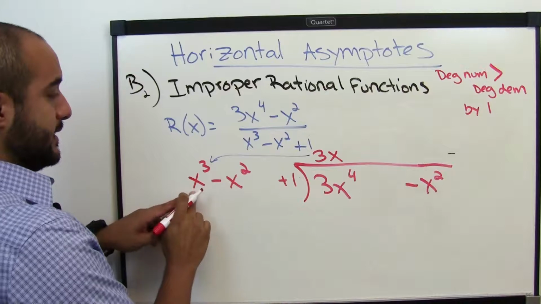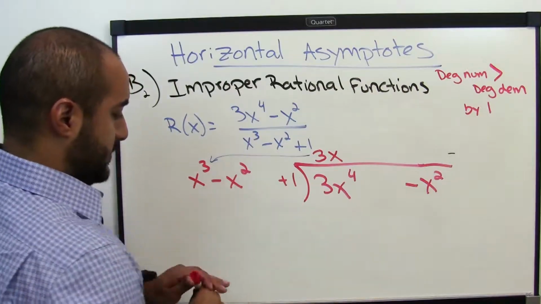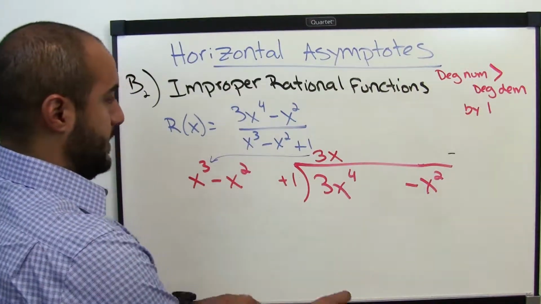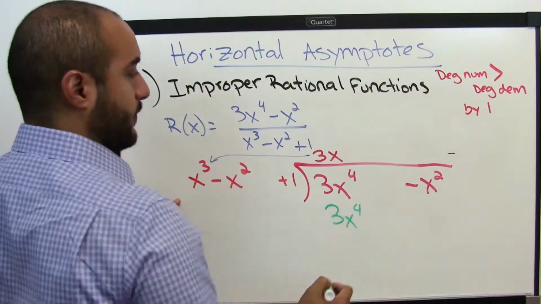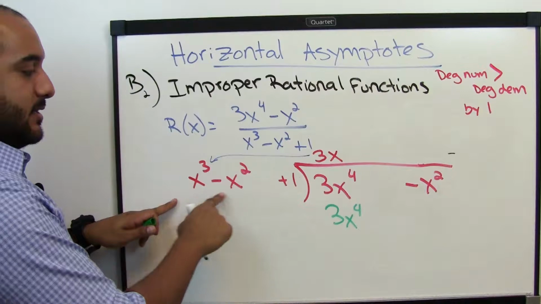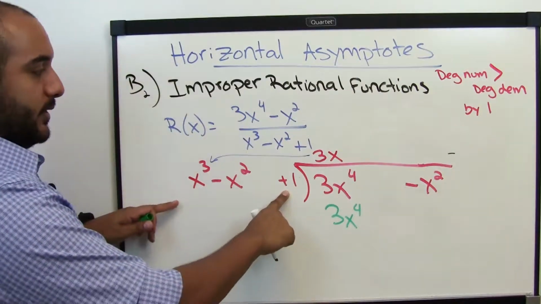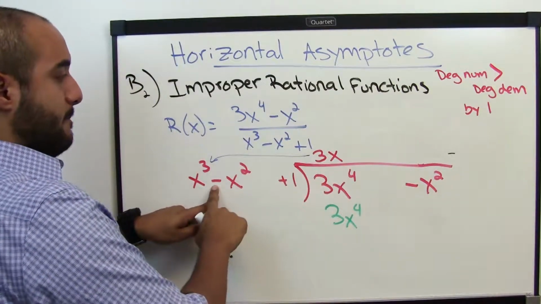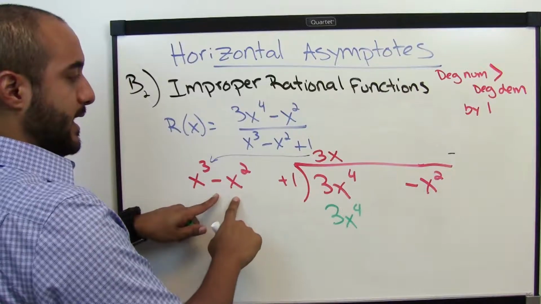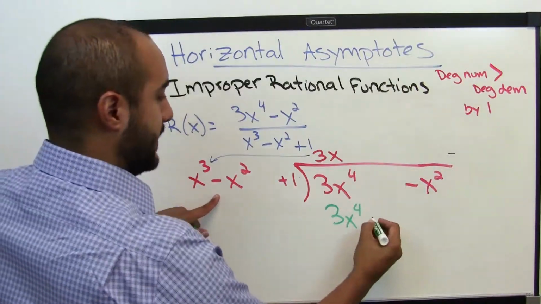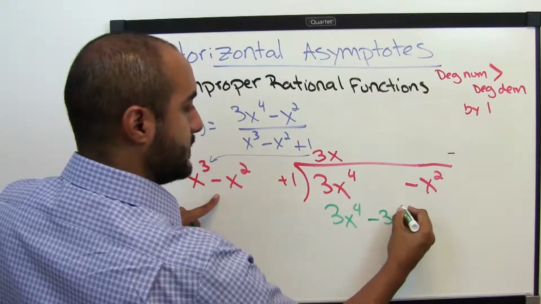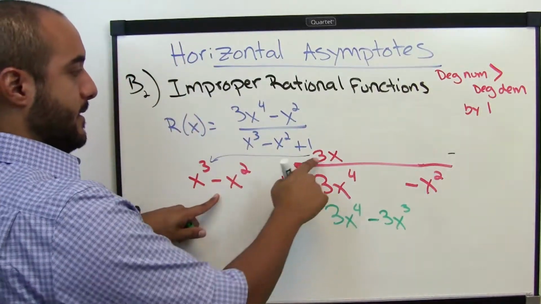Okay, so 3x times this gives me 3x to the fourth. Now if I distribute it here, I have to do it for the rest of them, right? So this gives me minus 3x to the third. So that would go in this spot. That's why I left it blank. Minus 3x to the third.